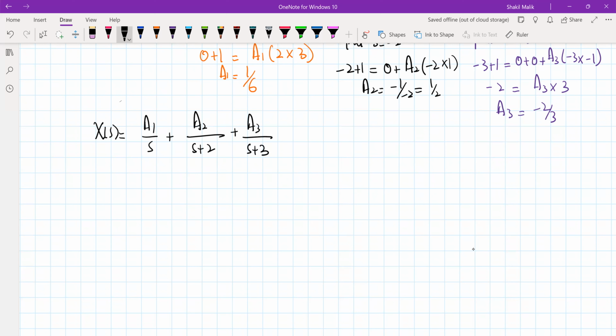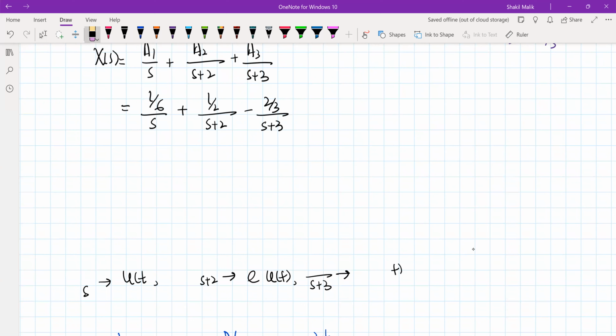That means a1 is 1 by 6 divided by s, plus a2 is 1 by 2 divided by s plus 2, a3 is minus 2 by 3, so it will be minus 2 by 3 times s plus 3. So now X of s is like this.